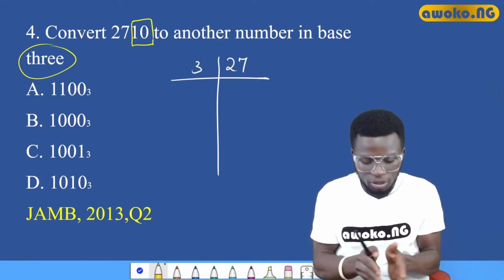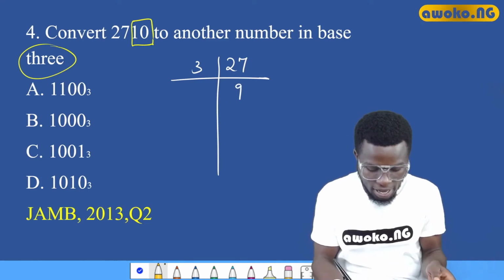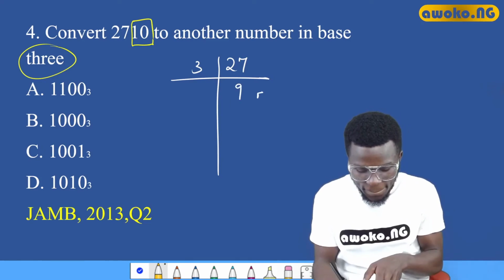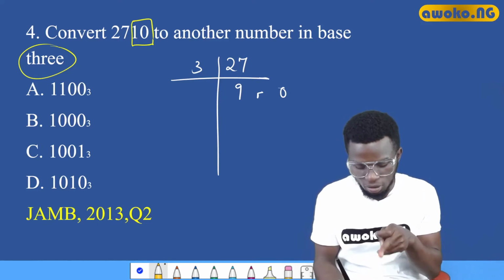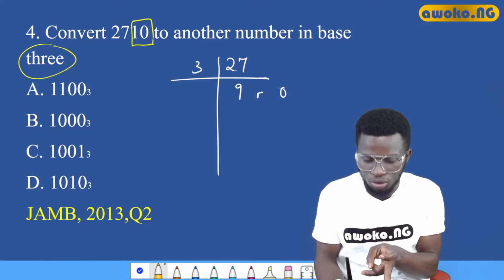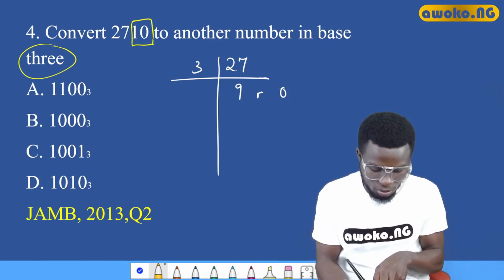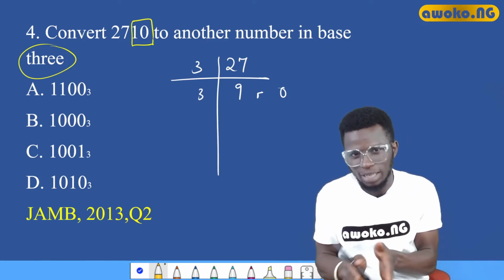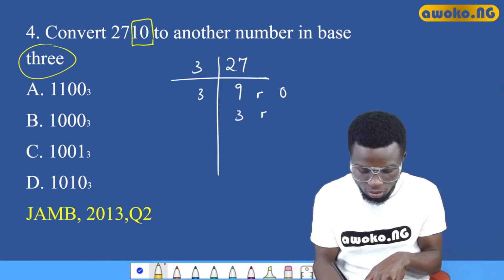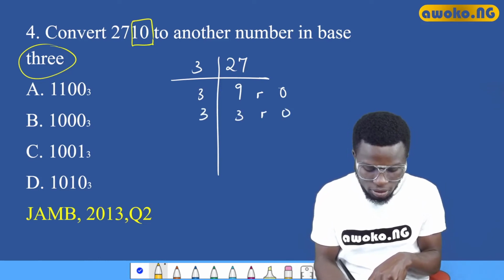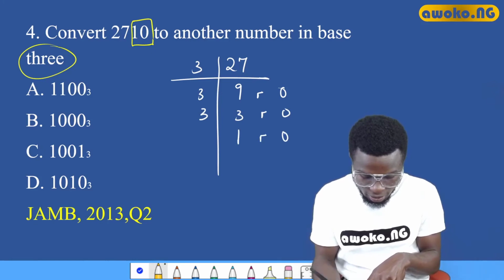So 27, 3 goes in 27 how many times? We have 9, remainder 0. 3 times 9 is 27. 27 plus 0 is equal to 27. So 3 goes in 9 how many times? We have 3 as well, remainder 0. Then 3 goes in 3 how many times? 1, remainder nothing.